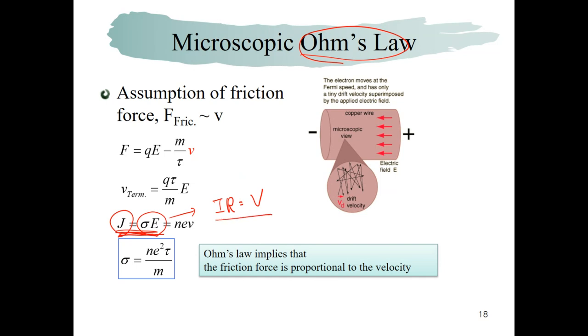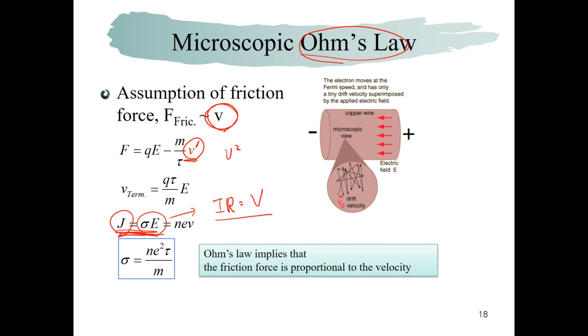In this derivation, we assume the friction force is linear in the velocity of the electron. If we had a v squared term, Ohm's law would be quite different. So that means this linear friction model is quite good for describing the motion of electrons inside a conductor.